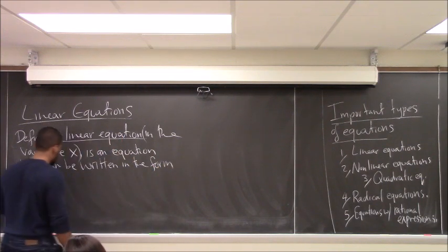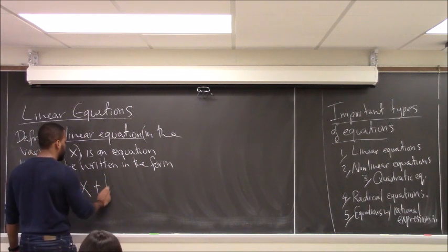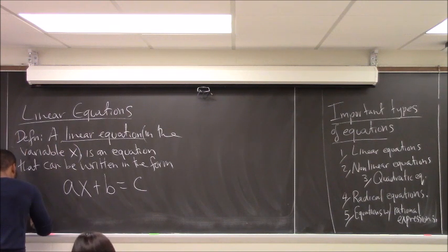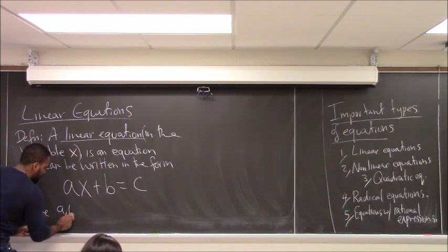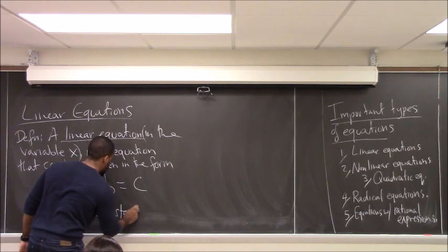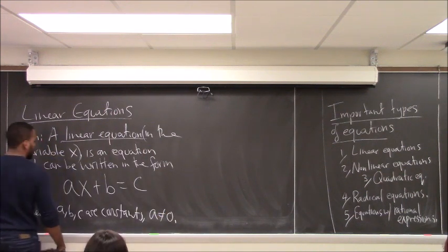So it's either given like this, or you can write it like this. This is called a linear equation, where a, b, c are constants, a not equal to 0.